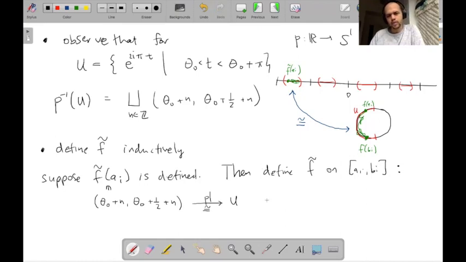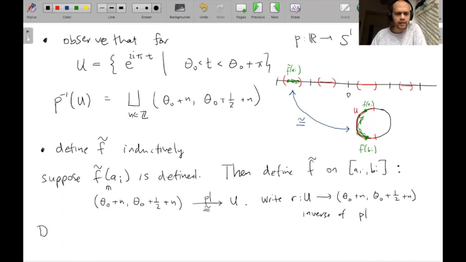And so let's write R for the inverse map of p restricted.